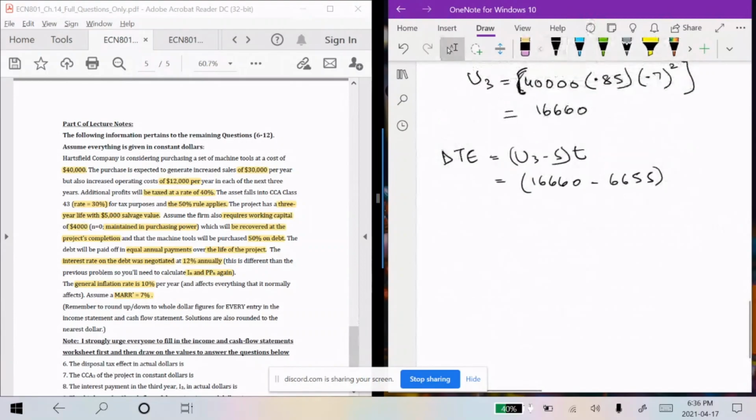The tax rate is given right here. That's a rate of 40%. So 0.4. Okay. So you get this as 16,660 minus 6655 times 0.4. That is 4,002. That's the disposal tax effect.